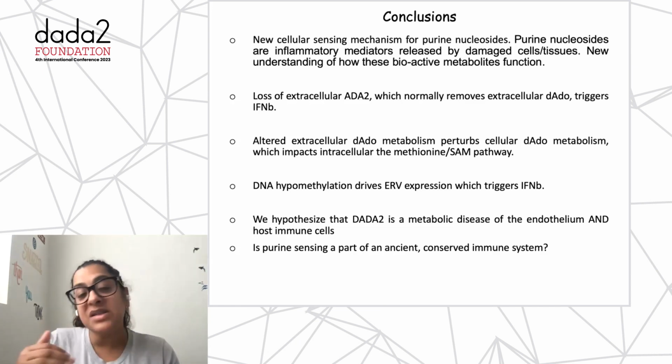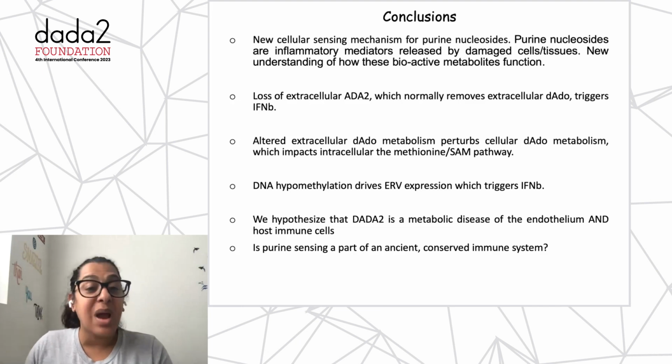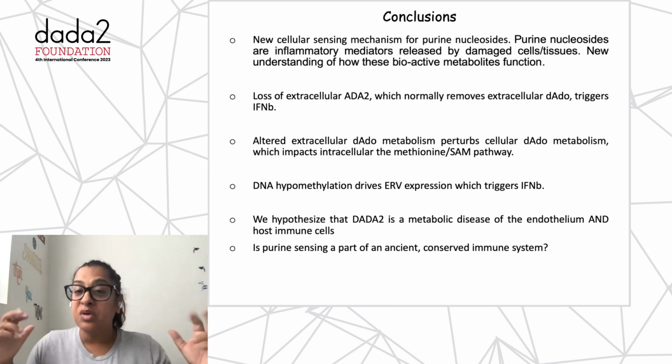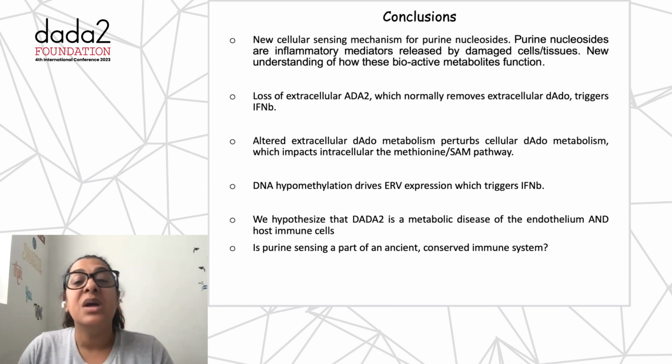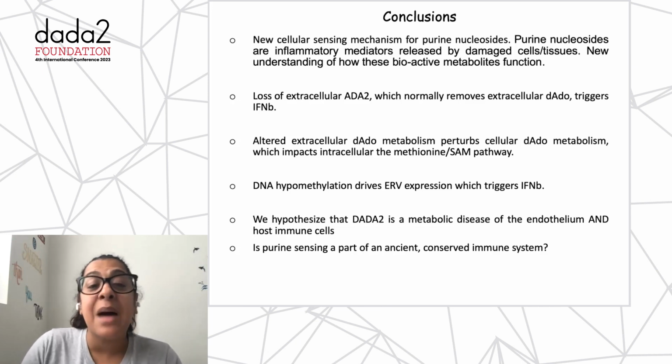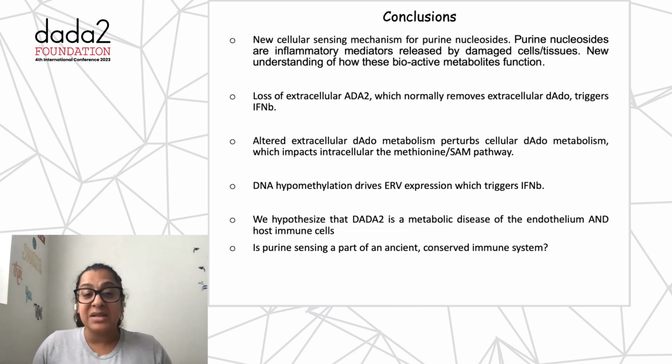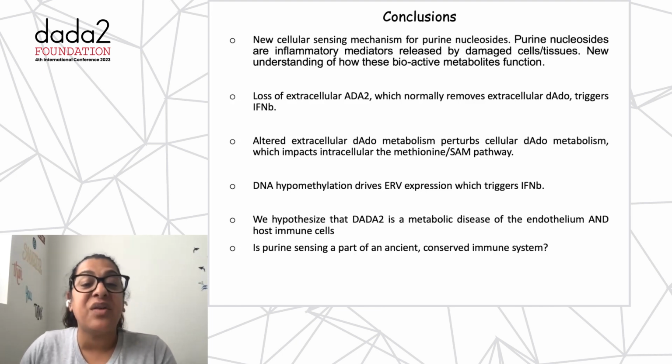I showed you that loss of extracellular ADA2 in primary human cells, and this is a protein which normally removes extracellular dAdo, triggers IFN-β expression. The mechanism involved changes in cellular metabolism, and this impacted DNA methylation, causing a hypomethylated state in the DNA that triggers the expression of endogenous retroviral elements.